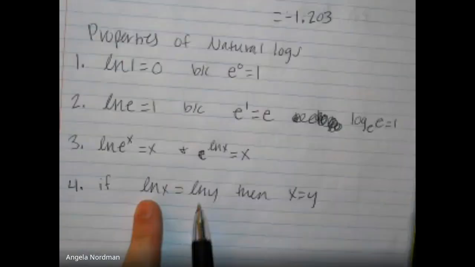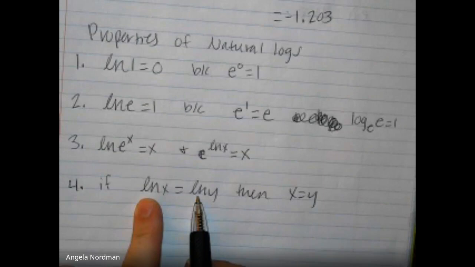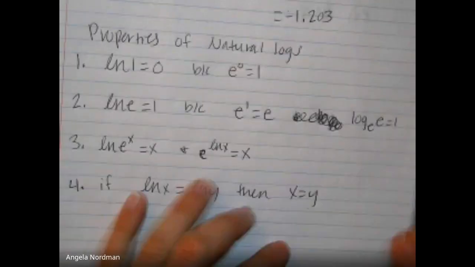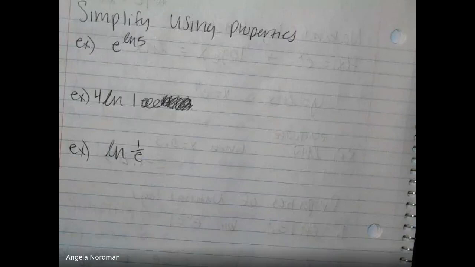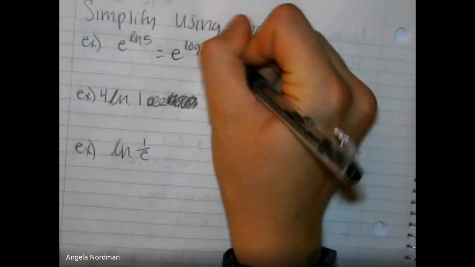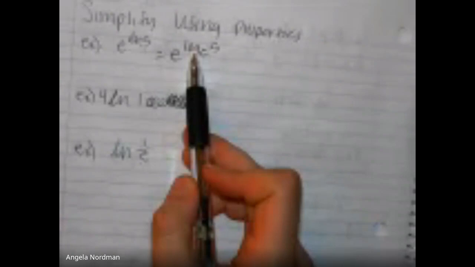And on different sides of the equal sign, same log, drop them, we just get x equals y. So we're going to apply these properties super quick. If I'm taking e to the natural log of 5, I want to reiterate that since natural log, or ln, equals log base e, these cancel because they're the same, and we're just left with 5.